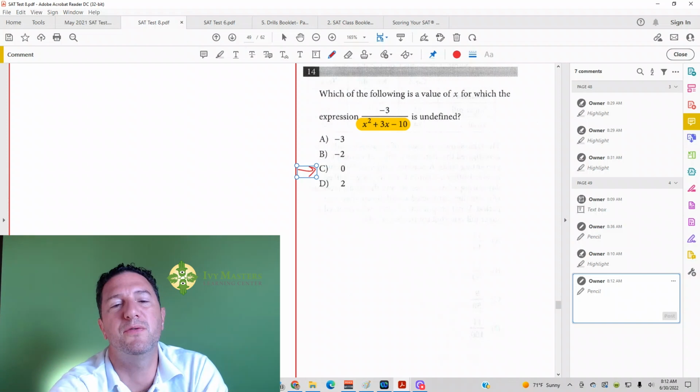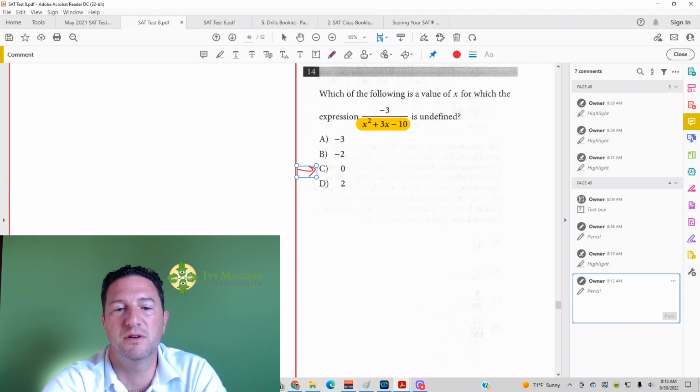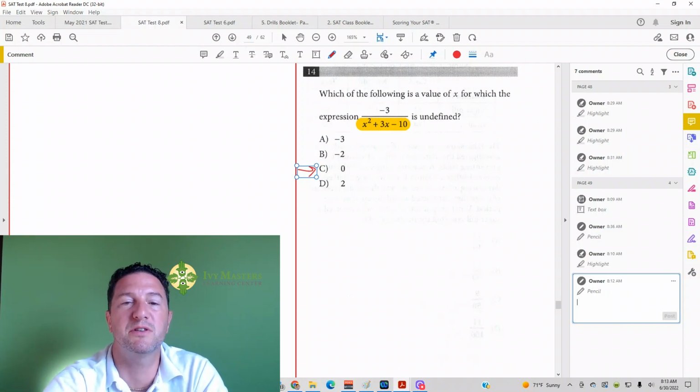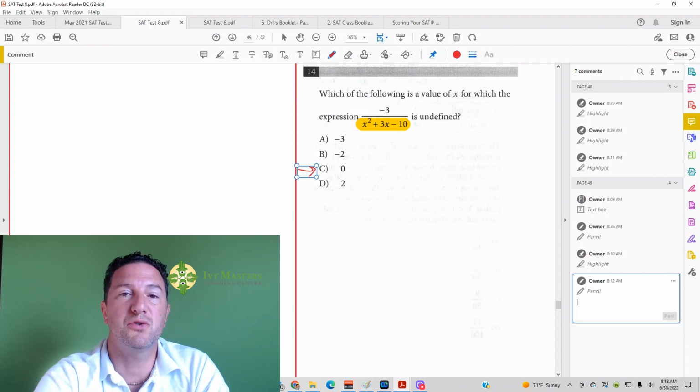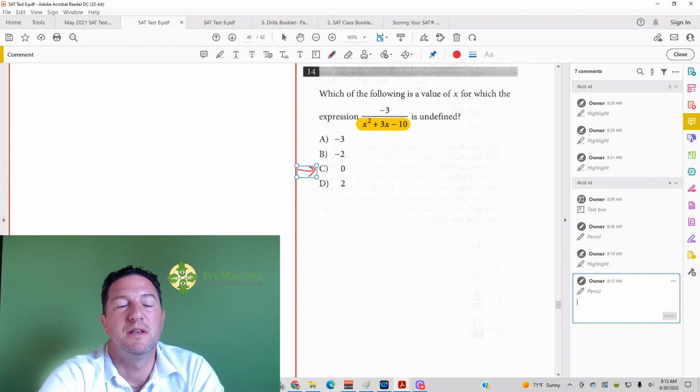There's a 50-50 chance that answer choice C is the only answer you'll have to test out. If you test out the 0 and it's too small, then you know the answer is D. There's a 1 in 4 chance that it's the correct answer.